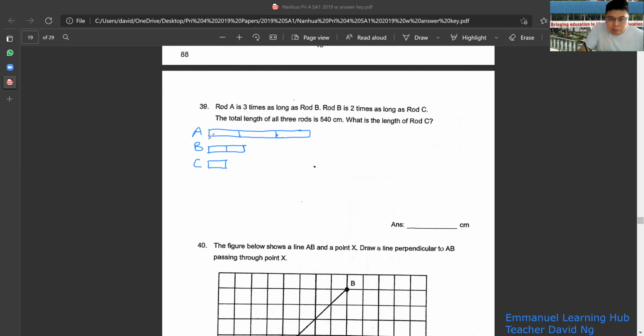Then here I can divide the 2 again, to get all as 1 unit. You see now? Then altogether, how many units? 2, 4, 6, 8, 9. 9 units. Then total length is 540.